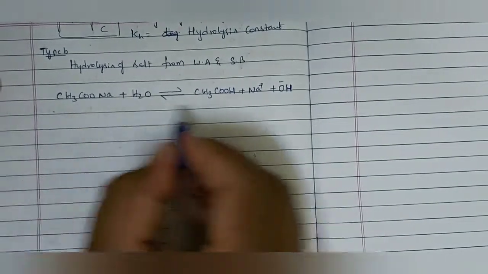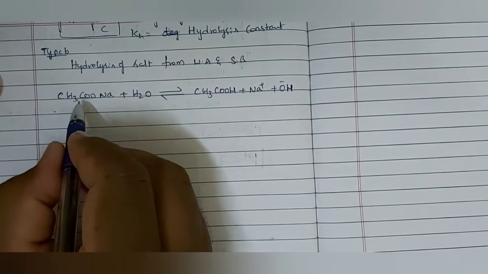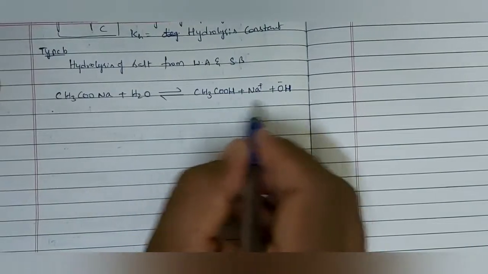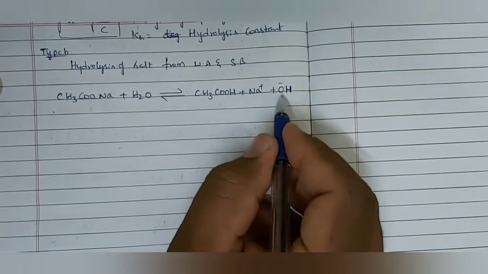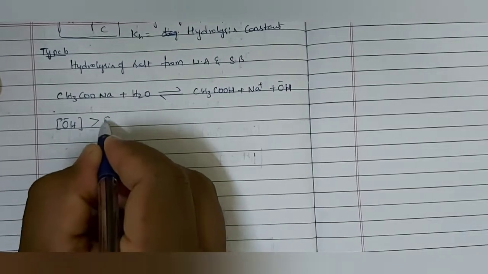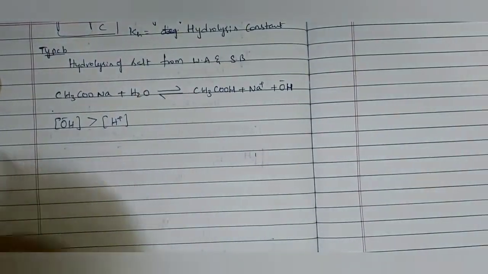That's why the resulting solution of a salt which is obtained from a weak acid and strong base, if it undergoes hydrolysis, we will get this solution. In this, concentration of OH minus ion is greater than concentration of H plus.